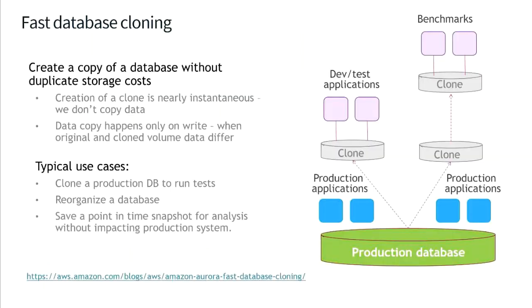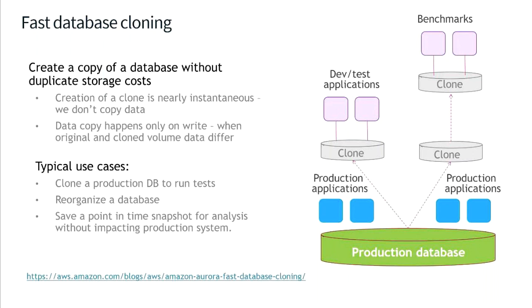Additional Aura capabilities that might help you, especially when you're using Aura during your development and test phase. One of them is called fast database cloning, which is basically a way of very quickly creating a copy or a clone of your database.